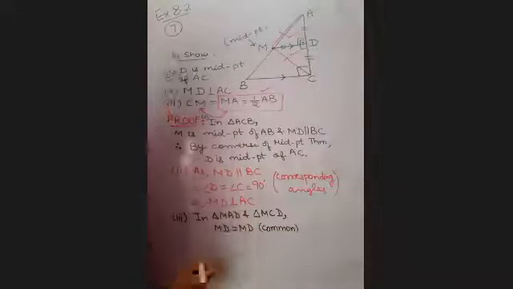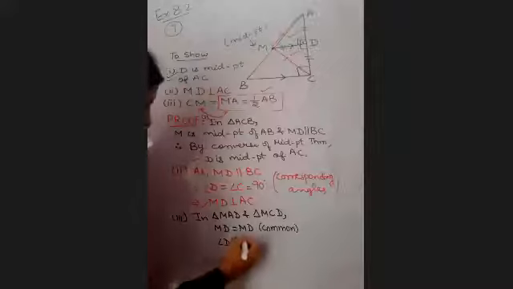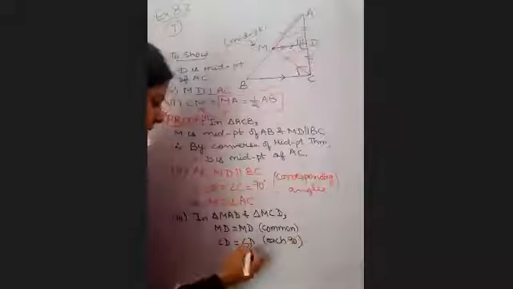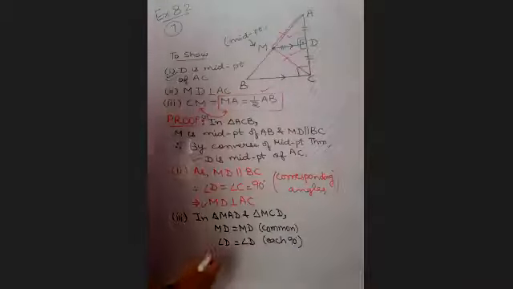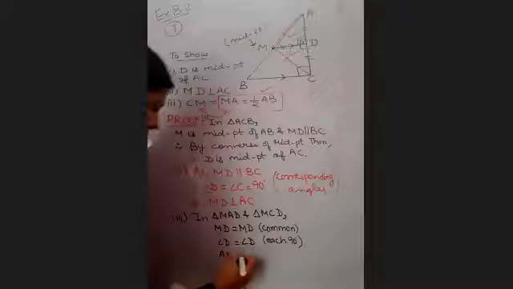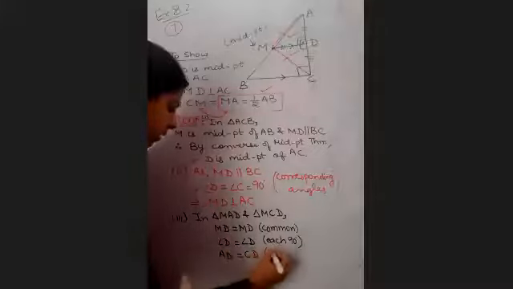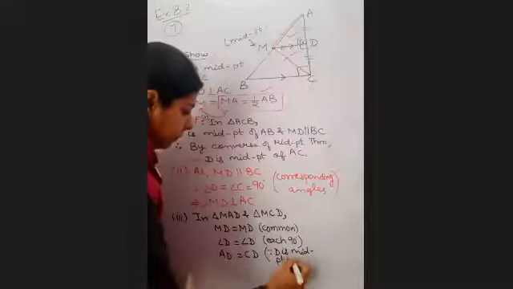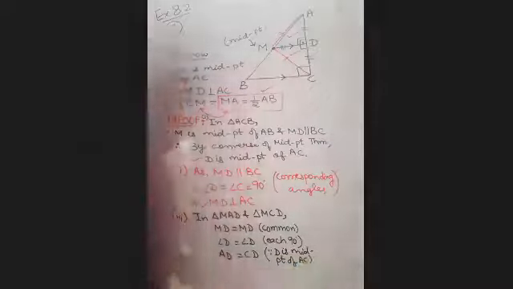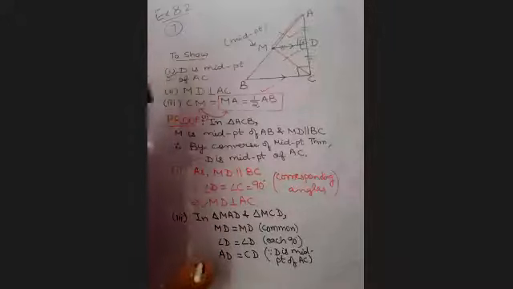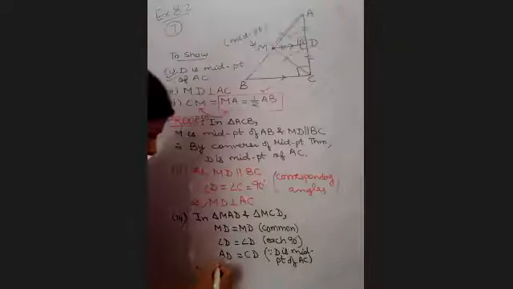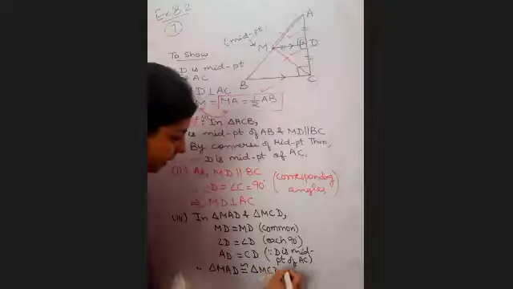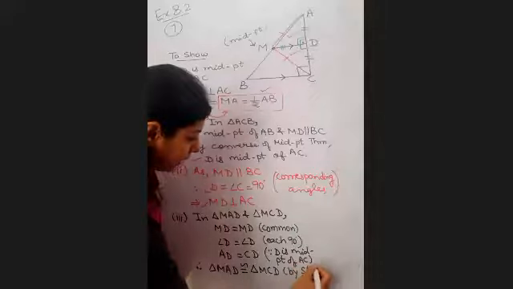Common. Each 90. And then we have AD equals CD because D is the midpoint of AC. Therefore, triangle MAD is congruent to triangle MCD by side angle side.